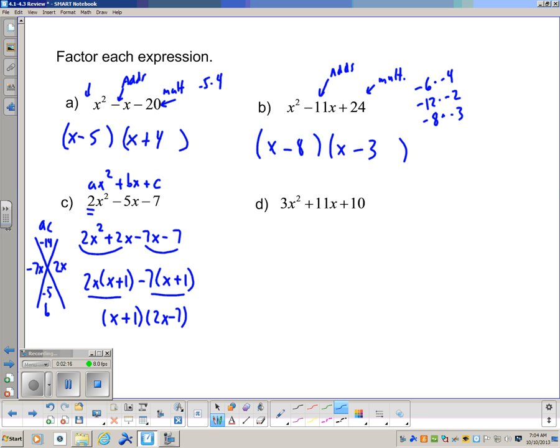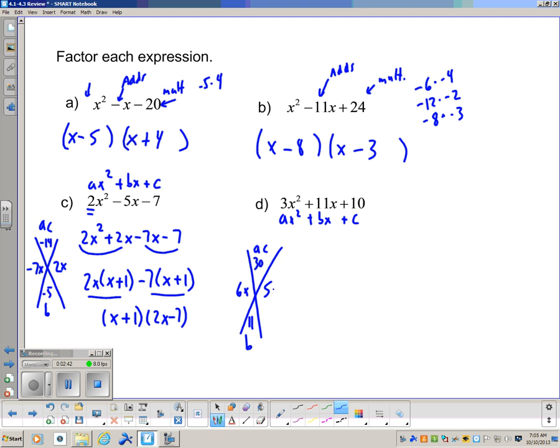And we could do the same thing with letter D here. Again, this is your ax squared plus bx plus c. So what multiplies to give us ac and adds to give us b? Well, ac there is 30 and b there is 11. So two numbers that multiply to give me 30 and add to give me 11 would be 6 and 5.